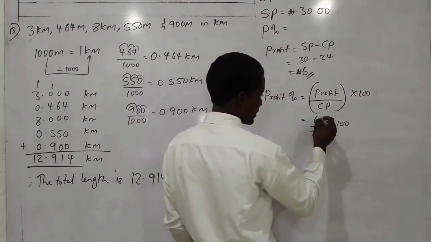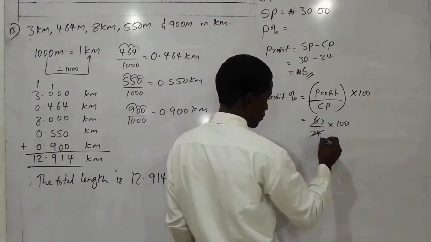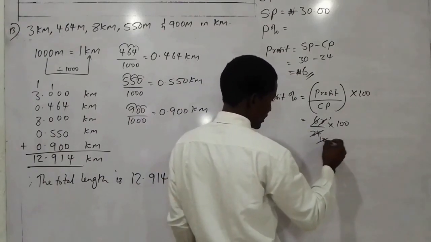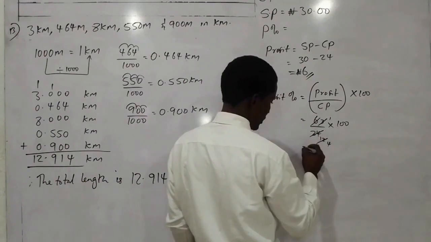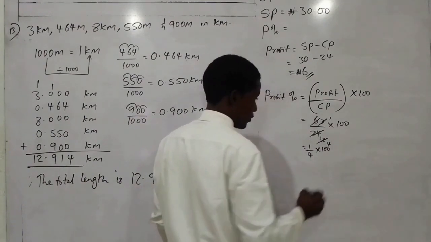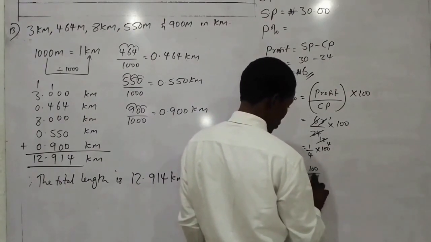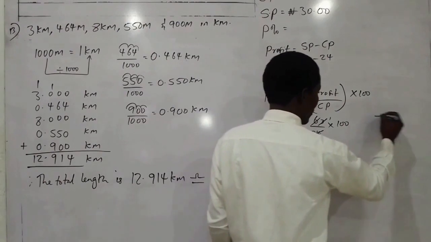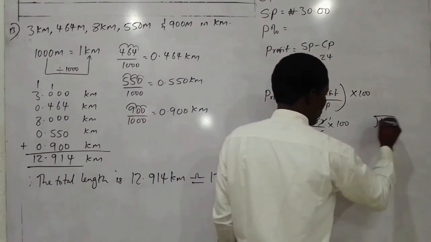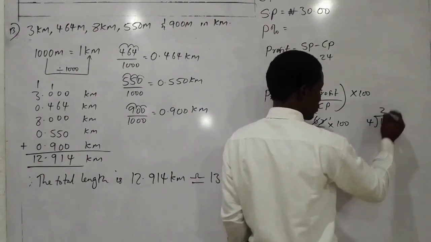We can reduce this. 2 here is 3, 2 here is 12, 3 here is 1, 3 here is 4. So we are left with 1 over 4 times 100. So we can say 100 over 4. Let's use our long division method to get our final answer. 4 in 10, that's 2. 2 times 4, that's 8.